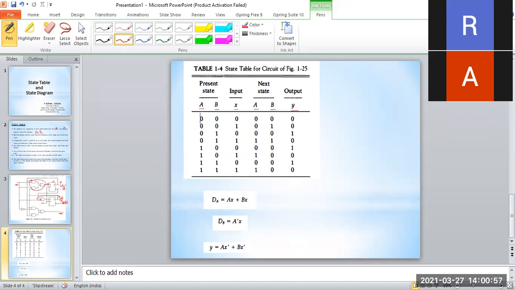First, we write all the possible binary combinations of A and B. A can be 0, 0. Let me take DA. Let me take this case. Suppose A is 0, B is 0, and the input is also 0, then what will be the next state of A?